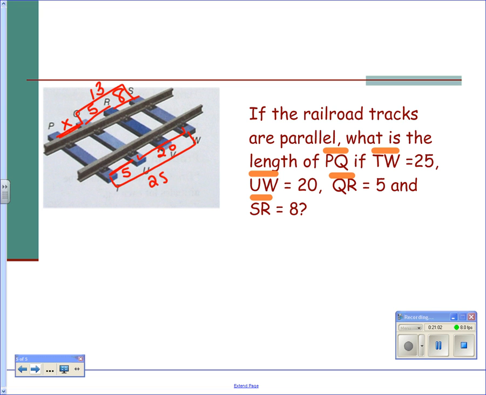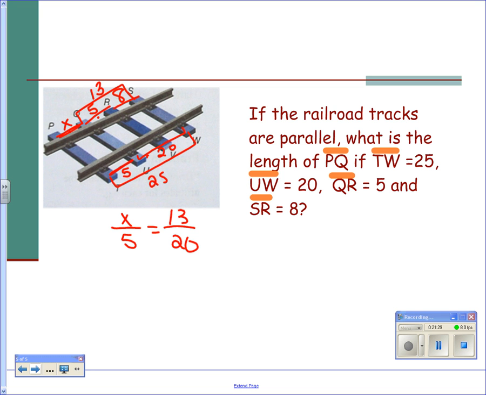So we could say x over 5 equals 13 over 20. Does that make sense? Do you see how that works? Because these two aren't the same values, because you're looking at it from an angle. They are proportional though. This one's 5 and this one's smaller because from the picture, it's further away.